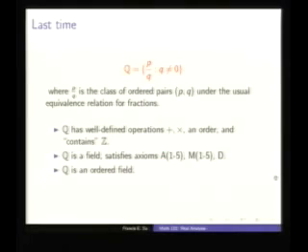In particular, if I look at two rational numbers and I add the same thing to them, then their order relation should stay the same. Or if I multiply them by a positive rational number, then they should still preserve the same order.